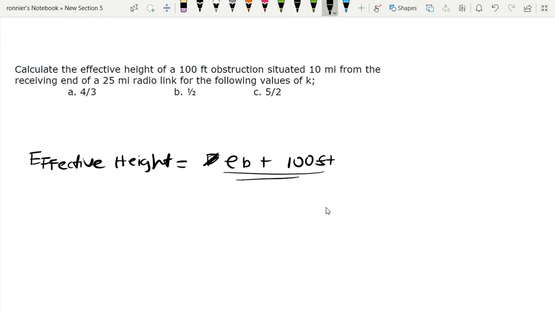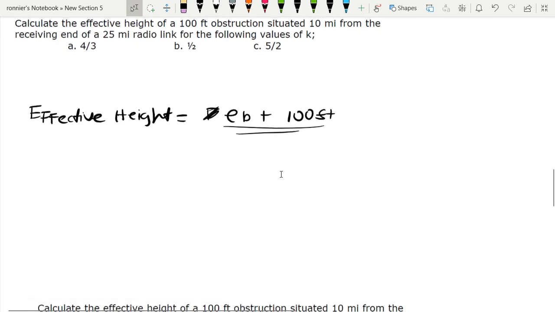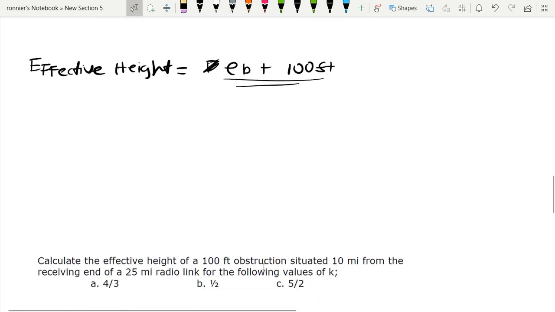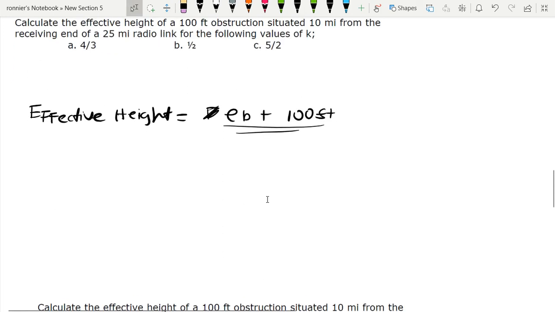So mamaya i-drawing ko para mas clear sa inyo. So i-drawing natin yung scenario dito. Sabi dito, calculate effective height of a 100 feet obstruction. So merong radio link, merong transmitting antenna, merong receiving antenna.